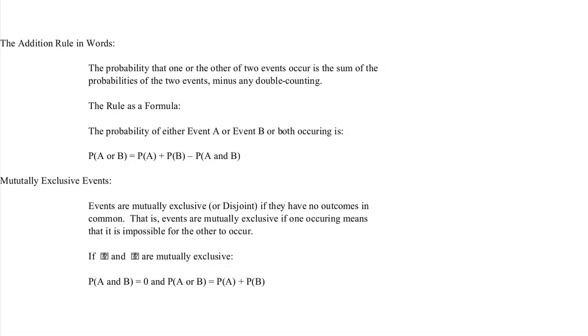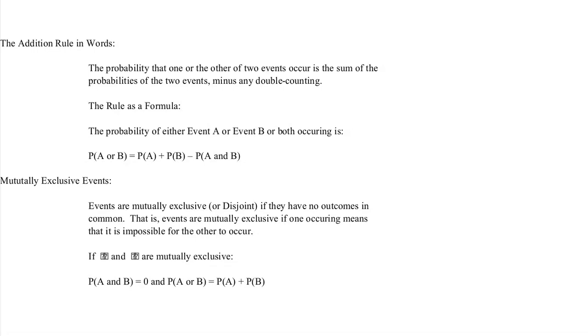If A and B are what we call mutually exclusive, or disjoint, events are events that have no outcomes in common. If we have mutually exclusive, otherwise known as disjoint events, then the probability that one or the other occurs is going to be just the sum of the two probabilities.